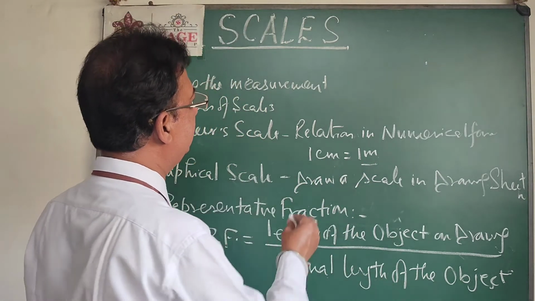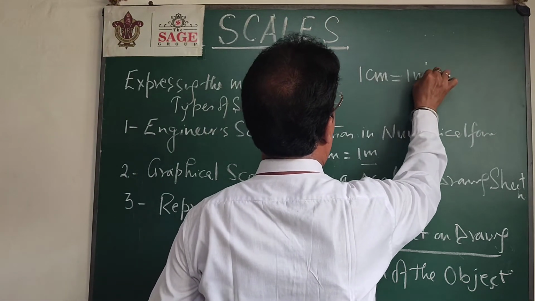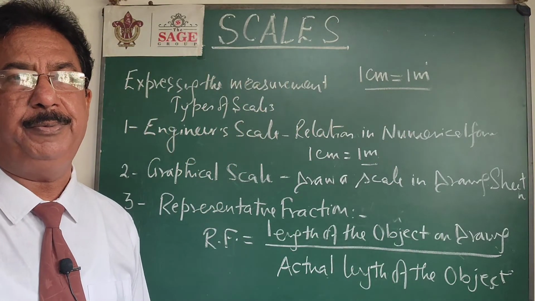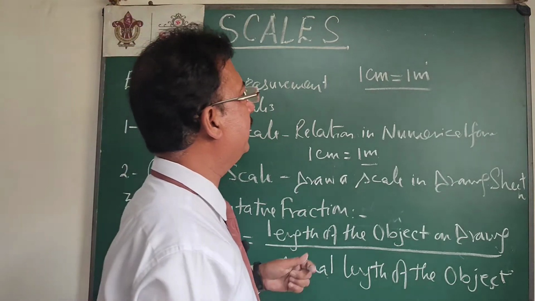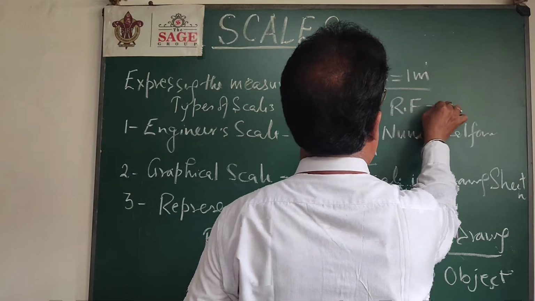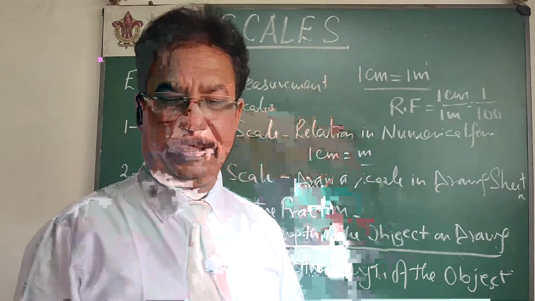Suppose for 1 centimeter equals 1 meter I want to find the RF. Then the RF is 1 centimeter upon 1 meter. As you know, 1 meter equals 100 centimeters. So the RF is 1 centimeter divided by 1 meter, that is 1 upon 100. This is the way to find the RF.